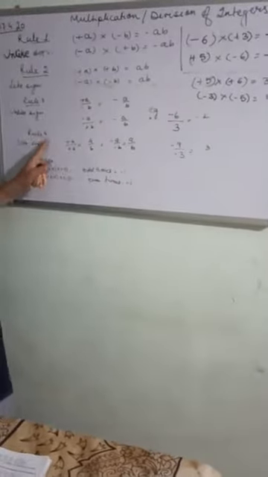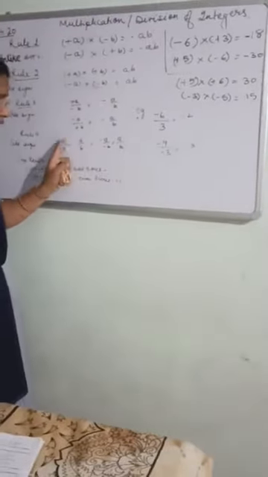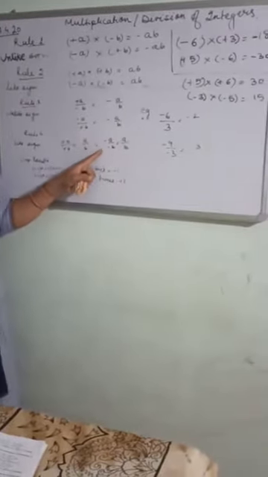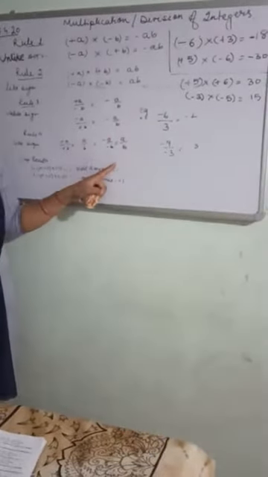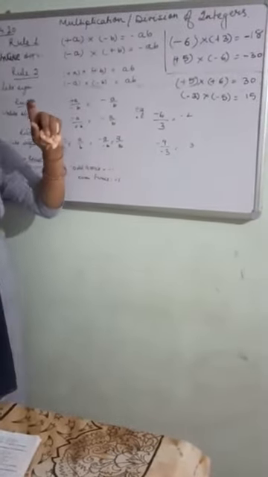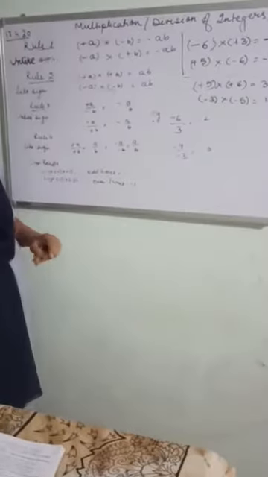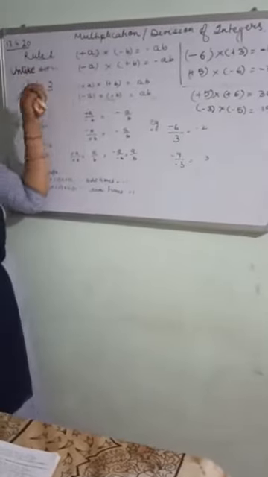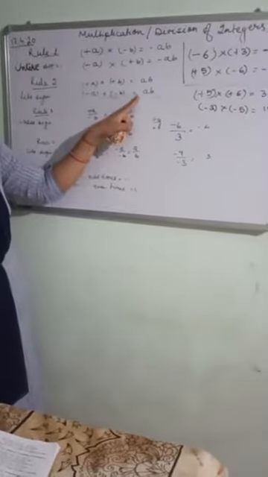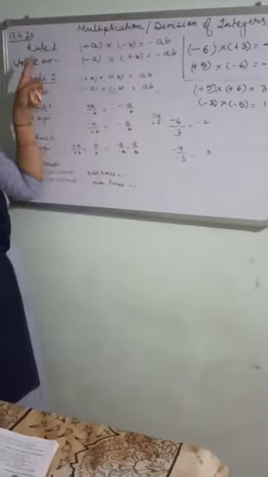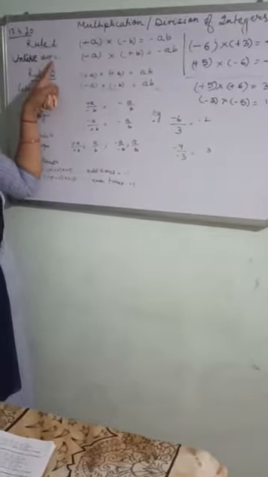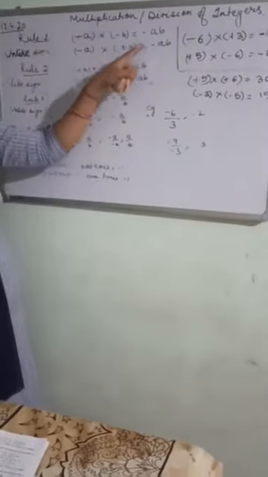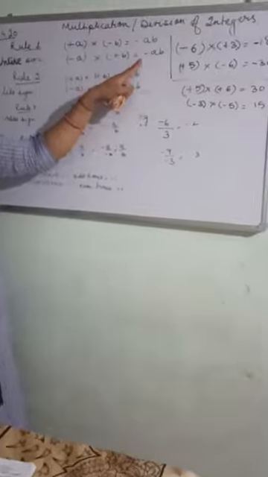And rule 4 says if both the numbers are of same sign, either it is plus or either it is negative, the answer will be of positive. So the gist of multiplication and division is if the numbers are of same sign, we are getting the answer in positive, and if your integers are unlike sign, one is positive, one is negative, so we are getting the negative integer as the answer.